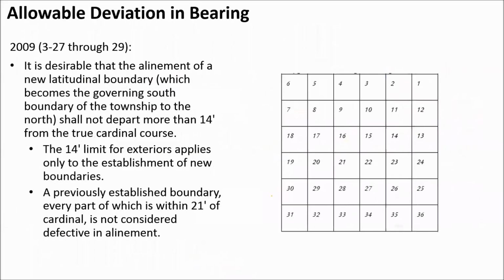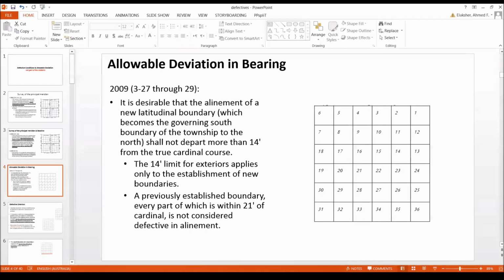Okay, so let me go back here to my presentation, continuing what we just started. Going from the principal meridian and baseline, now talking about the townships. What are the limitations for the townships? And the manual also does tell us this. The alignment, meaning the direction of any new latitude boundary. So what is the latitude boundary here? It is this line.